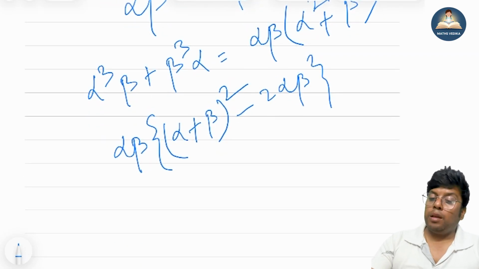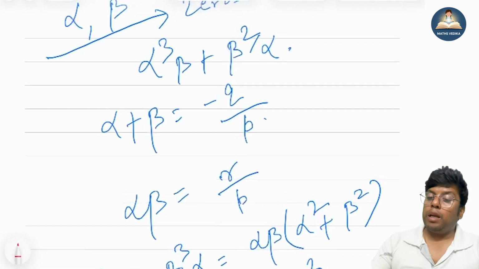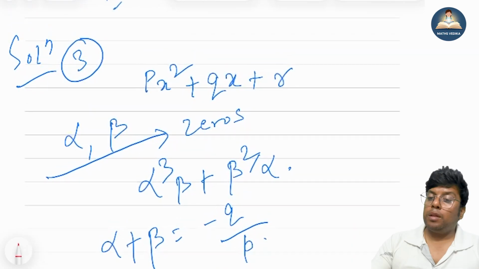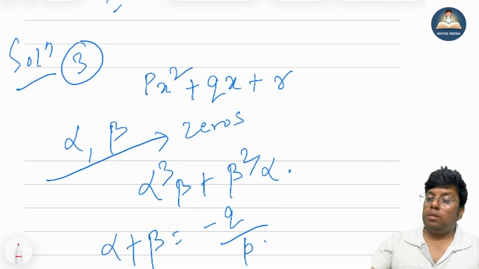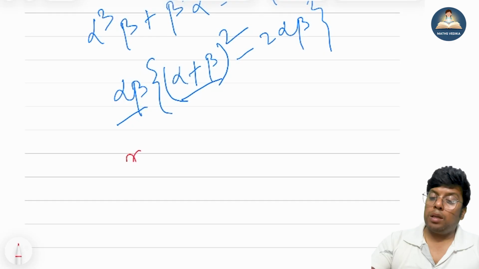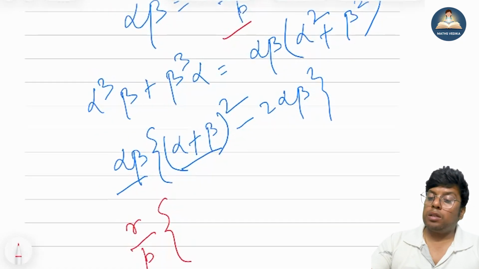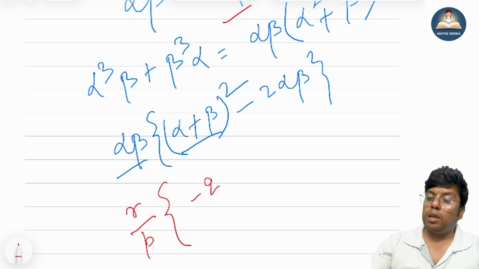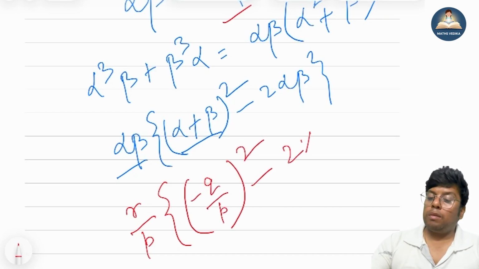Okay, and we have the value of alpha beta and alpha plus beta, so we'll put the values. Alpha into beta is equal to r by p, so r by p into alpha plus beta, which is minus q by p, whole square minus 2 alpha beta, which is r by p.